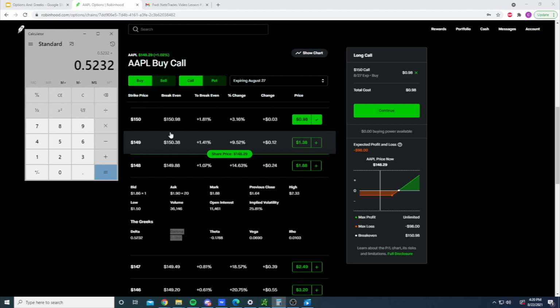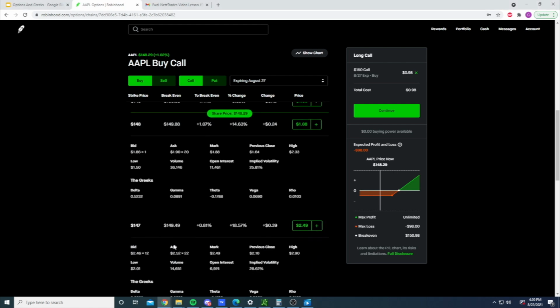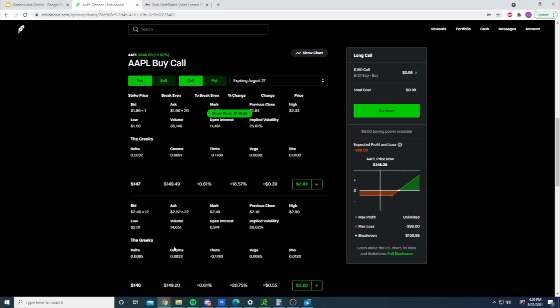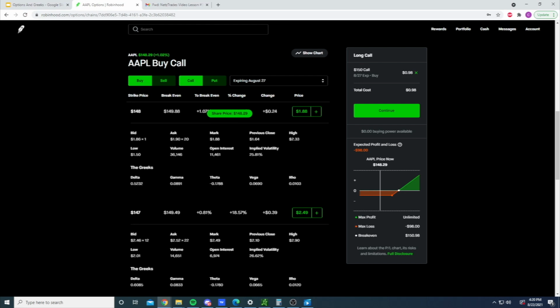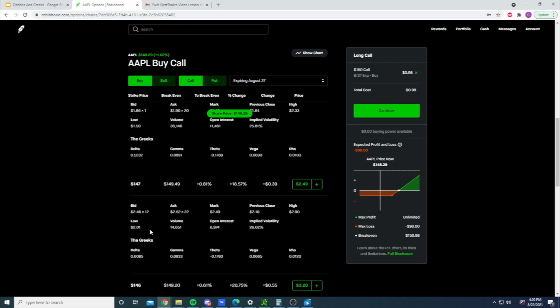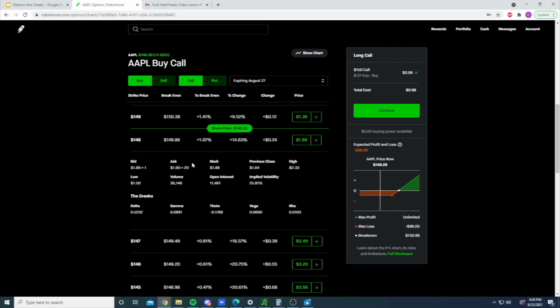So the delta will go up by 0.0891, which is the gamma, and that moves the delta to 0.61, which is pretty on par with the strike price below, 0.6085. So that's pretty much how gamma works: it's the acceleration at which delta changes the farther in the money it goes.